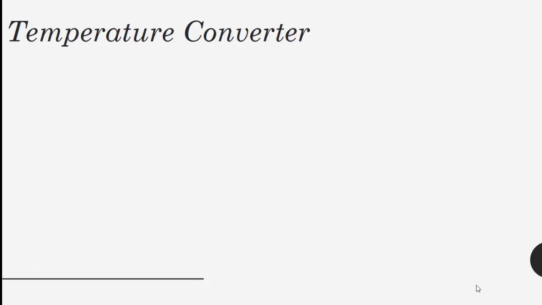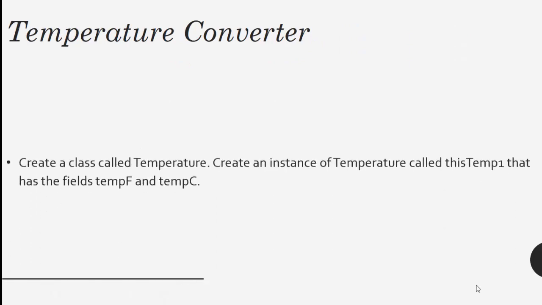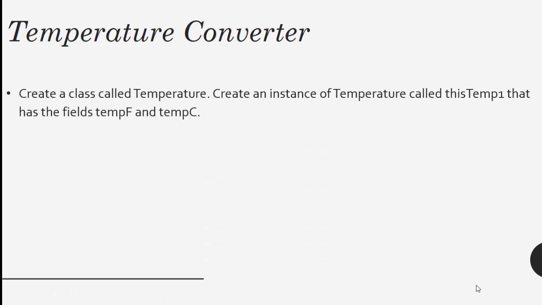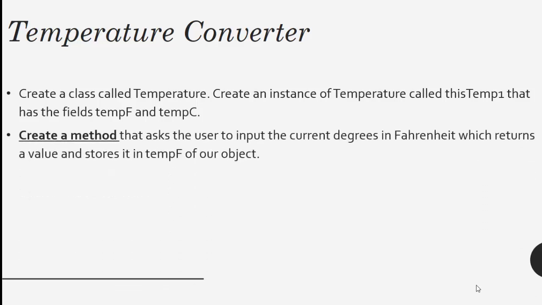All right, so let's jump in, take a look at the requirements for our temperature converter, and then we'll get to programming. They want us to create a class called temperature, and create an instance of temperature called thisTemp1 that has the fields tempf and tempc. Create a method that asks the user to input the current degrees in Fahrenheit, which returns the value and stores it in tempf of our object.